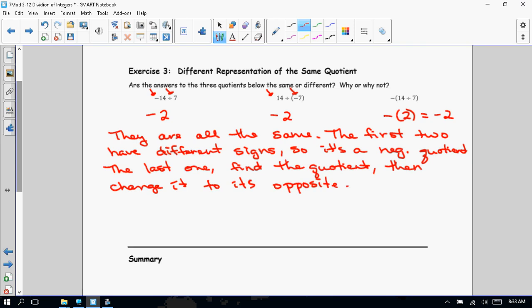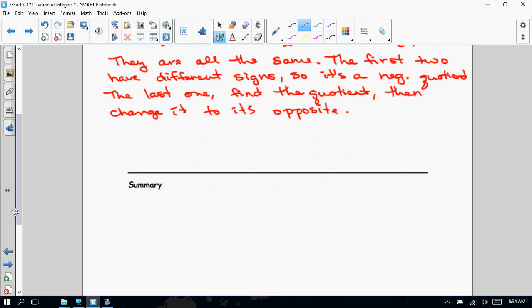Because remember, we say this means the opposite of. So what's the opposite of positive 2? Negative 2. Okay, so do you think you guys can tell me how this is related to integer multiplication?